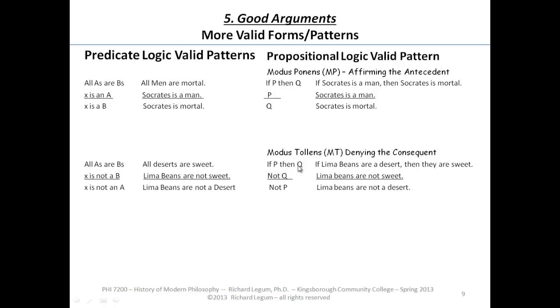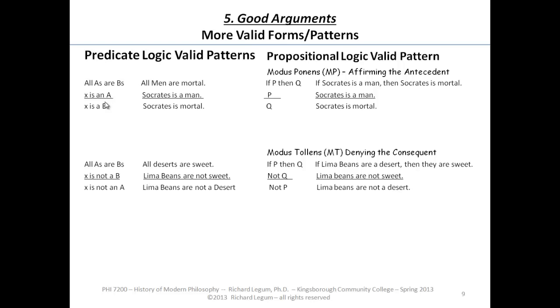On modus tollens, the inference only works in the negative direction. Going the other way in both cases is a fallacy, a bad inference. And the same thing holds true for the predicate forms. All A's are B's, X is an A, X is a B, going in the positive direction. If we go in the negative direction, that is, if that second premise was the conclusion, we can't infer anything. If you're a little confused about it, stop right now and try to write an argument going in the other direction, write the first premise and the second premise, and see what you can conclude. You should realize that it's not going to work.